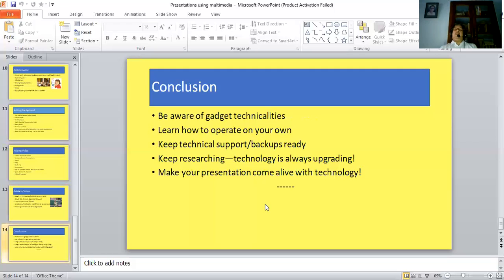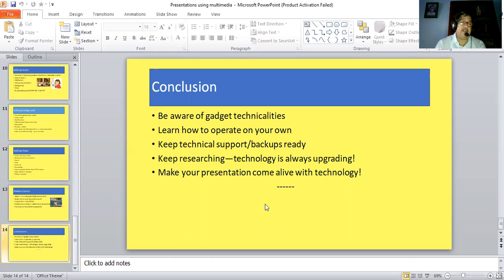Now, finally, certain things need to be said which are very important. If you are using multimedia aids or technical aids, then please be conversant with using them. For example, if you cannot use the interactive smartboard, then suddenly one day when you're giving the presentation, you try to use it, you will not be able to.